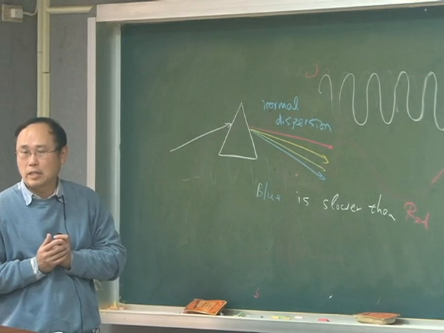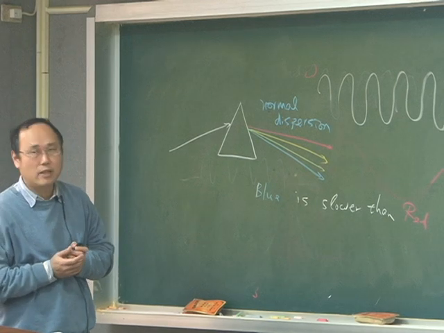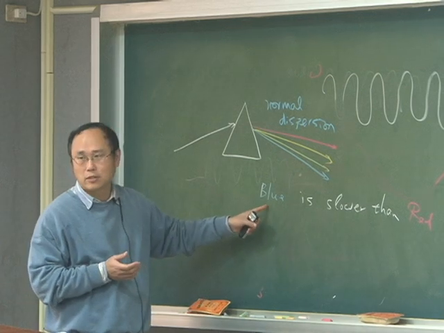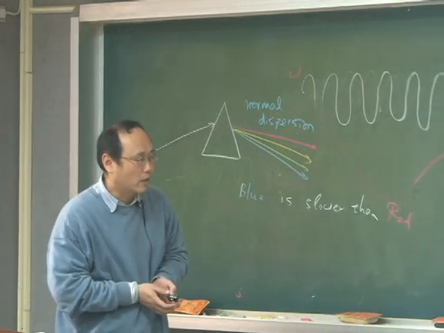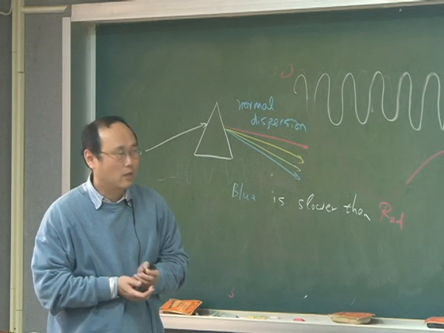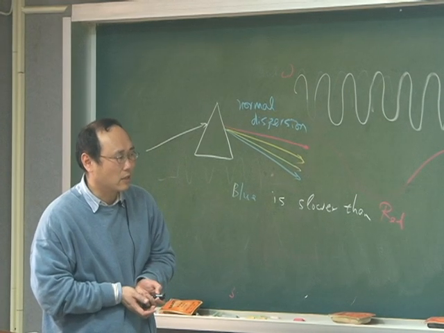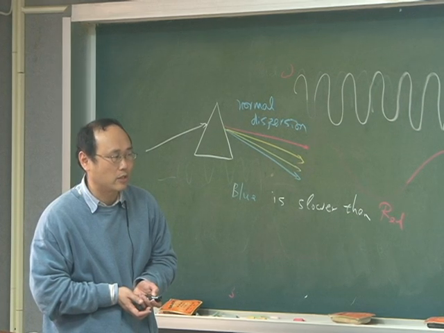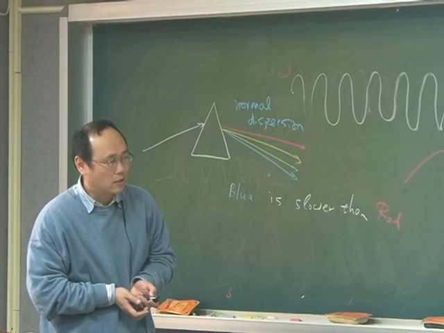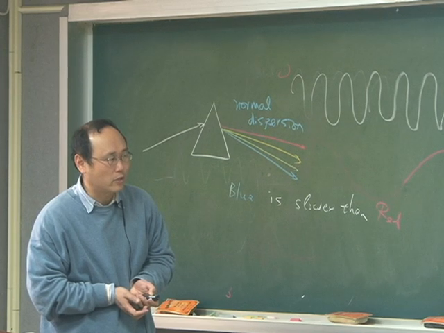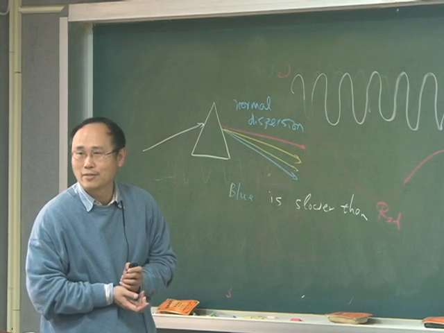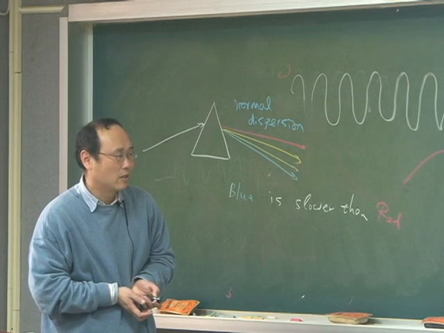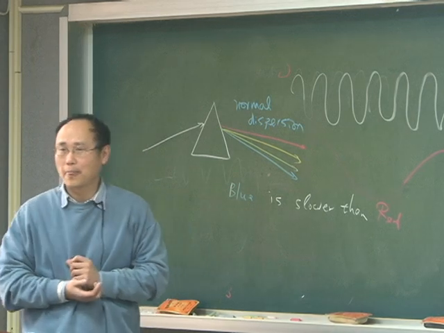Okay, but if you have some materials that give a higher speed, a larger speed for high frequency components, then we call it anomalous dispersion. That mathematically tells you that the differentiation of the phase velocity with respect to frequency is larger than 0. This expression tells you that the phase velocity will increase with frequency. OK， 这个现象呢不常见，所以我们把它叫做 anomalous dispersion.